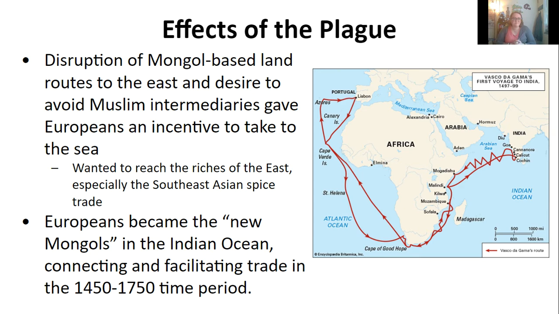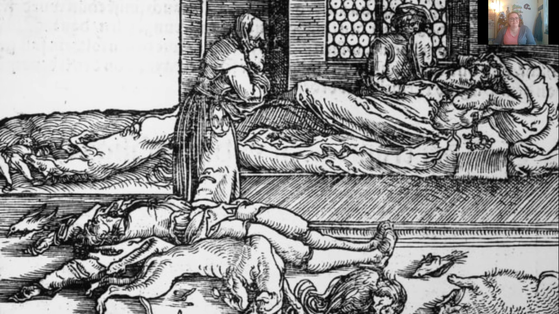So Europeans essentially became the new Mongols in the Indian Ocean. They were pretty fierce, and it was all in response to finding a better way to trade with the East, and it was by all means necessary.